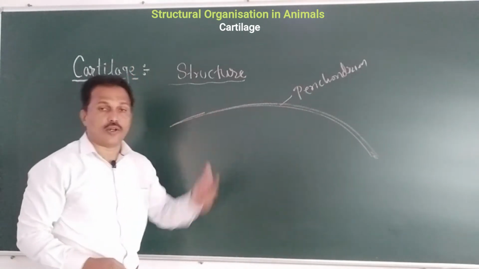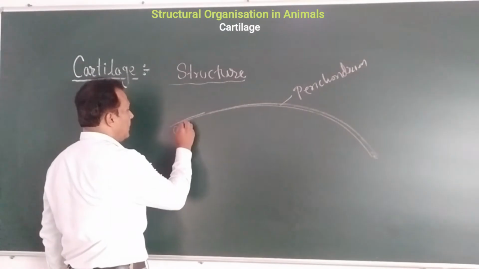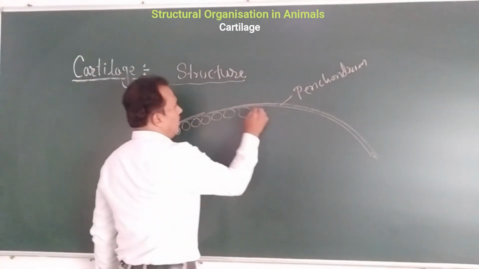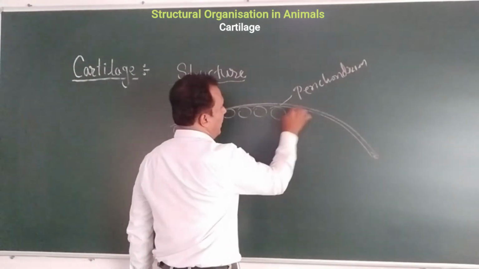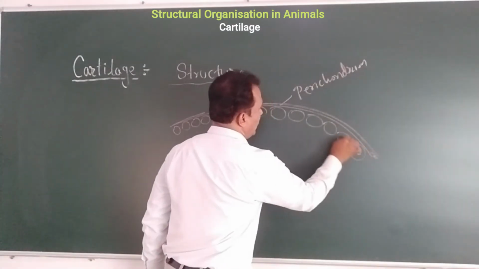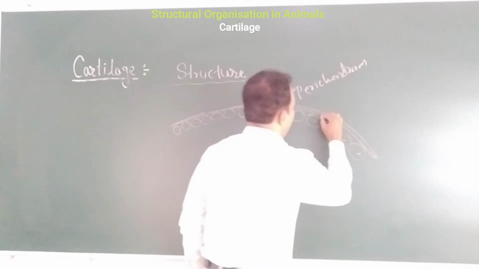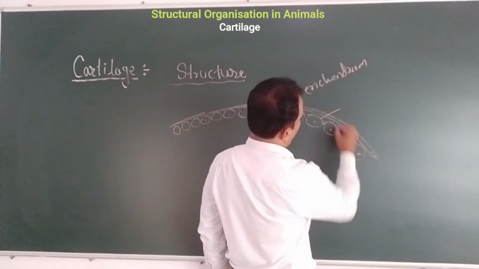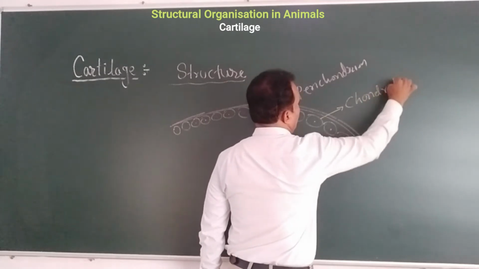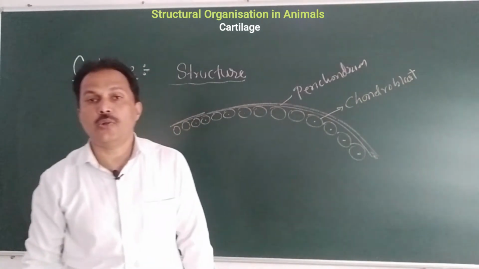Beneath this perichondrium, we will find these cells. These are the one type of cells which secrete the matrix of the cartilage. What are these types of cells? These cells are known as chondroblasts.